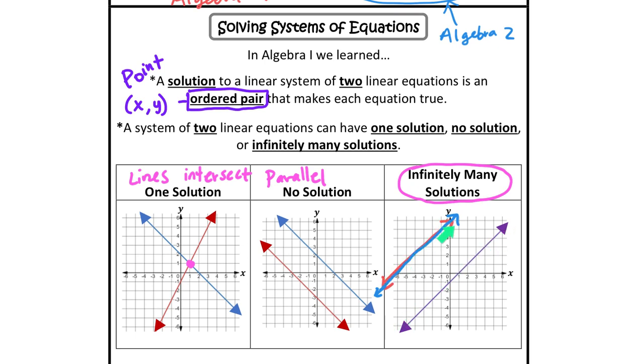So if I have two lines that are on top of each other, then how many points of intersection do they have? Well, if I draw them on top of each other, then they're always intersecting, right? So when we have infinitely many solutions, it's the case where we have one line on top of another.